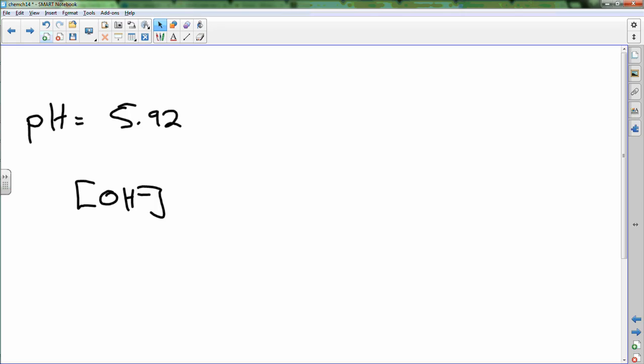So basically, write this, 1.2 e to the negative 6, times the concentration of hydroxide ions, which would be our unknown, you can say it's X, equals 1 e to the negative 14.